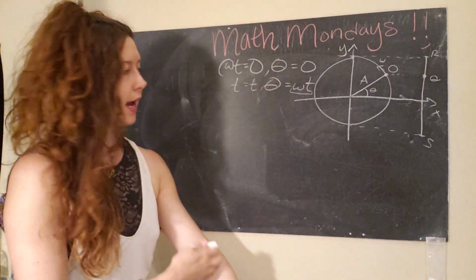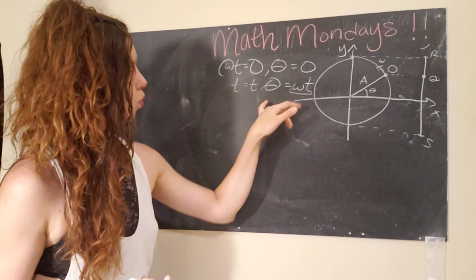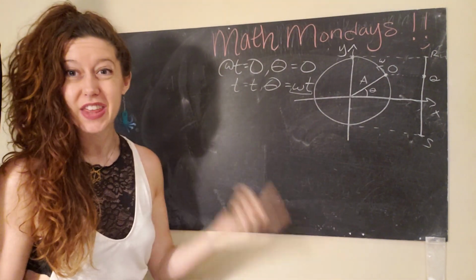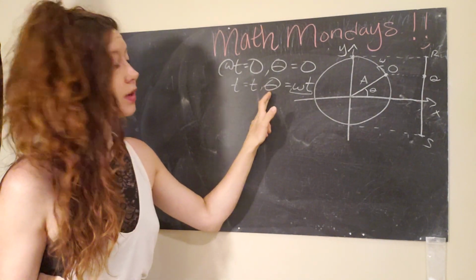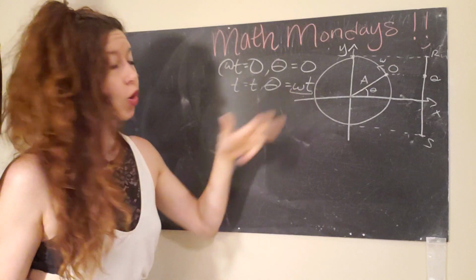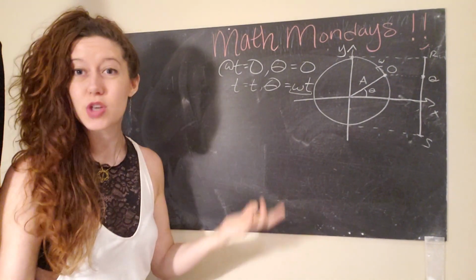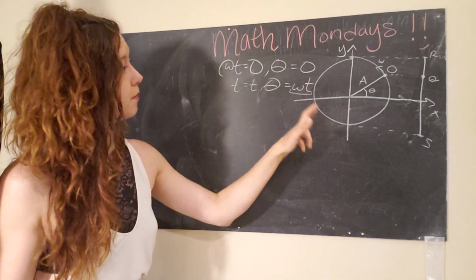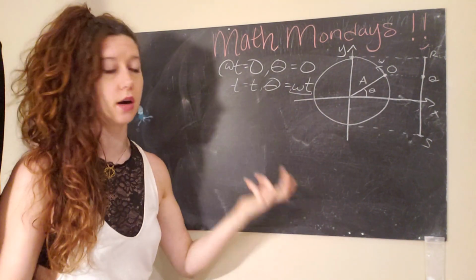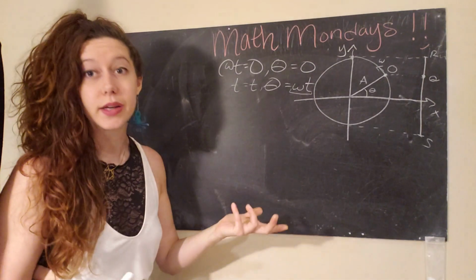So basically the angle at which the particle is located can be calculated by multiplying the angular velocity by the time. And if you're wondering why this is, it helps first of all to think of units. We want units of degrees or radians here. Our angular velocity is in units of radians over time, so we have to multiply it by the particular time to get the right units.